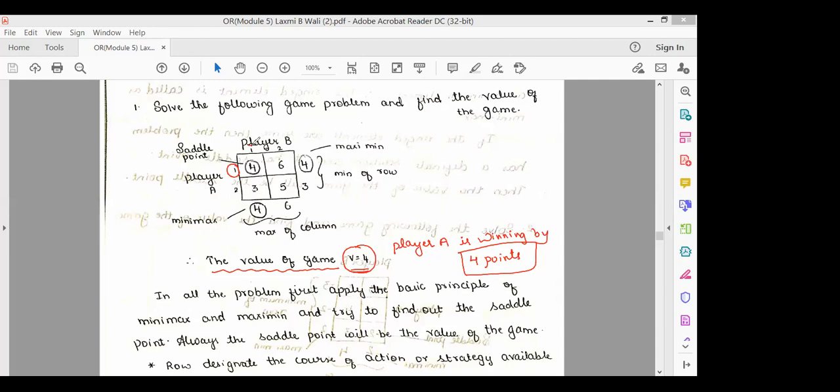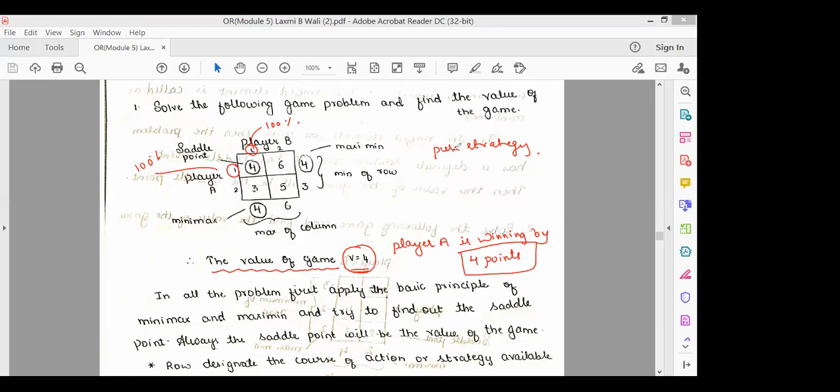At the same time, player B is using a single strategy. So this type of problem comes under pure strategy. It means 100%, he is using only the first strategy. In the same way, player B is using 100% only the first strategy. From that we have determined the value of a game.